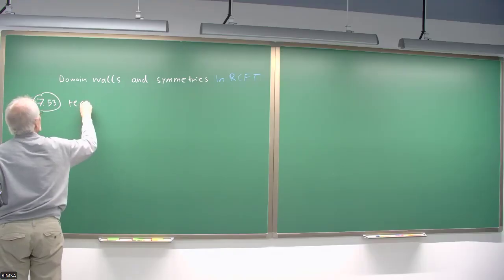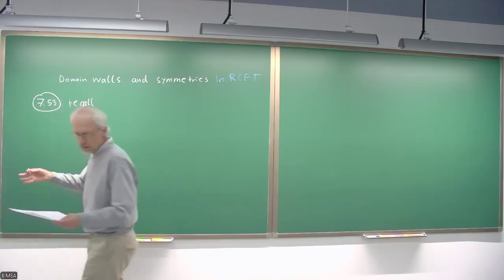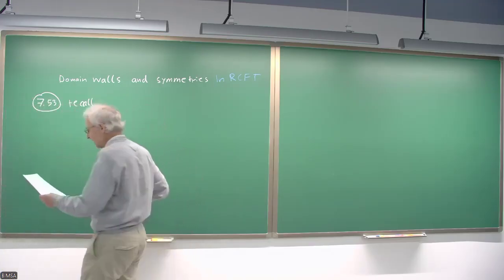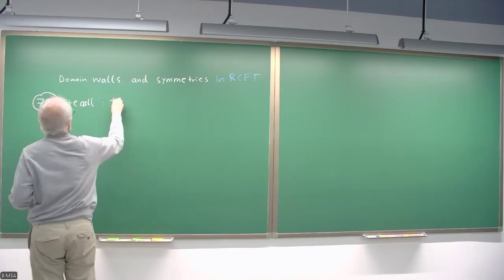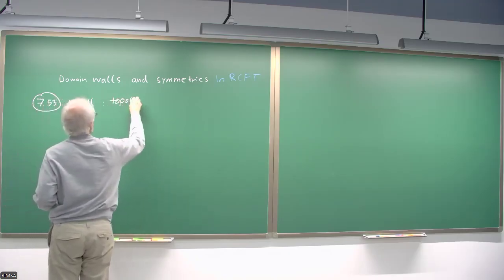we call the domain walls, well, in 2 dimensions these correspond to lines, topological defect lines.